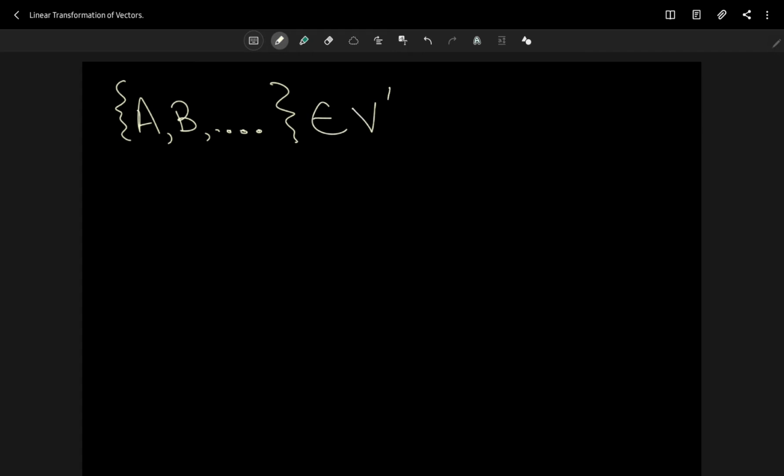So these are A, B, and so on. They're the linear transformations, and they themselves make a group which belongs to this vector space V prime, some other V, right?